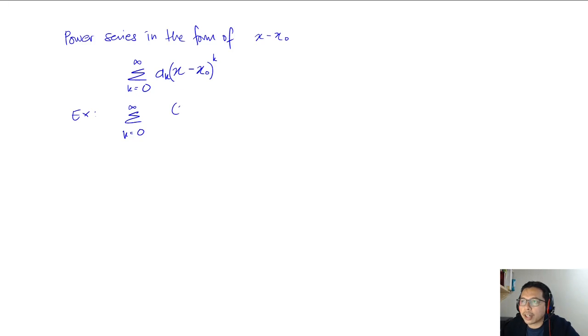Let's say we have x minus 5 to the power of k divided by some k squared, for example. So this one is still a power series, but it doesn't have the form that we've seen before, because we have x minus 5, and then the whole thing is raised to the power of k.